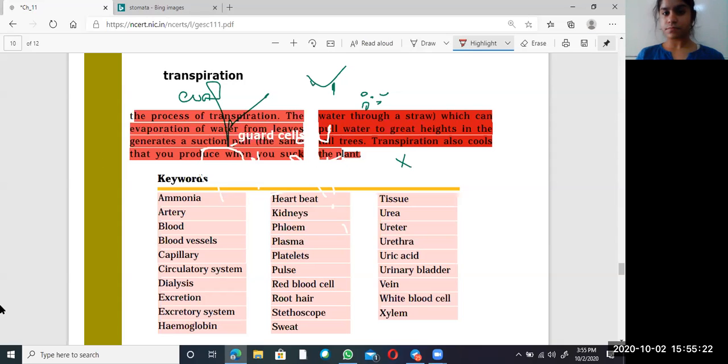It was a very simple topic. Transpiration is the process in which water evaporates from the leaf. I hope all is clear.